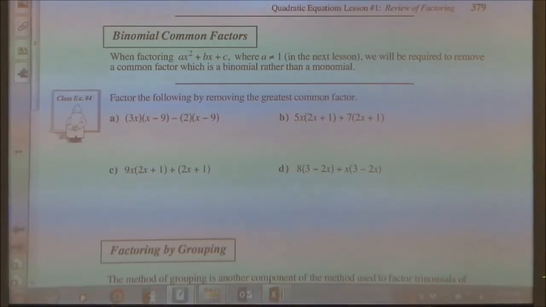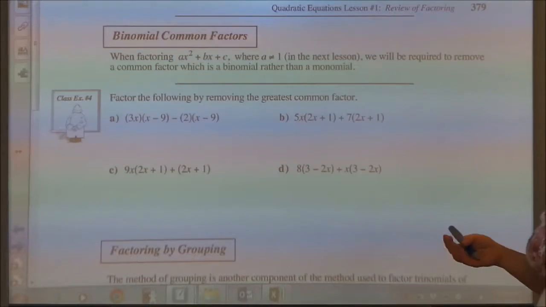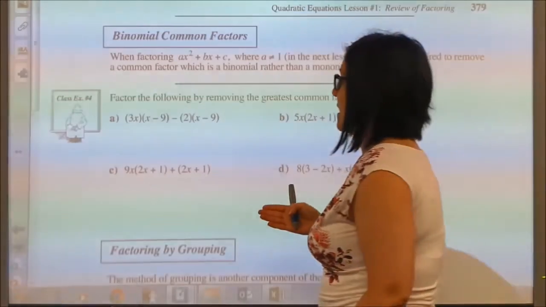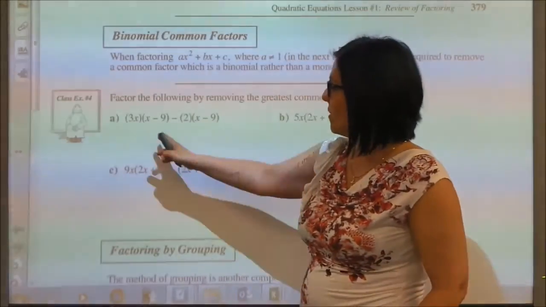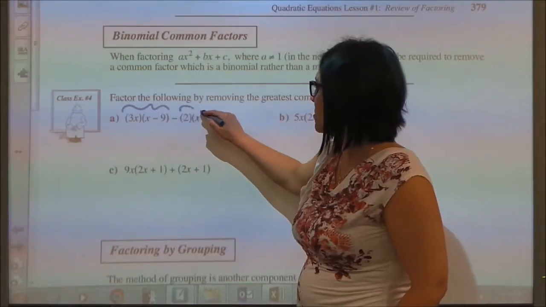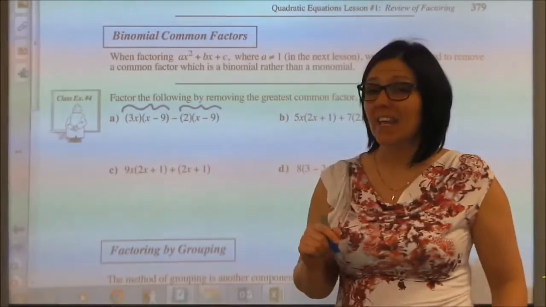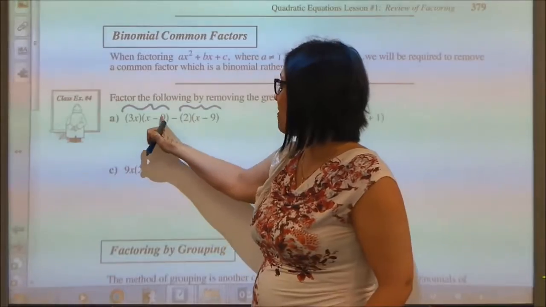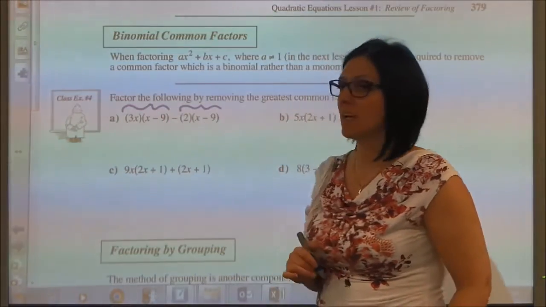First of all, instead of common factors just being a term, like a 3 or an x, or maybe even a 3x, we can have binomials. So if we look at class example number 4, if you look at each term, they have a common factor, and that's the x minus 9.